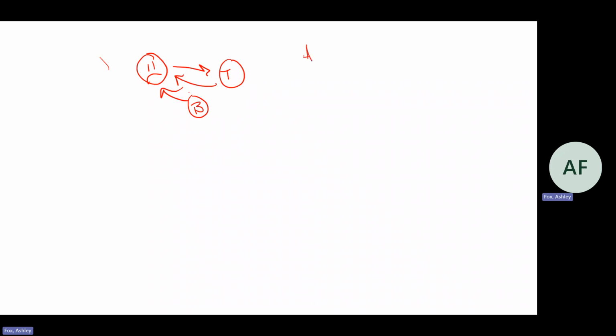Remember, artificial active is going to be mainly vaccines. So we make it so these bacteria are not as much of an issue.